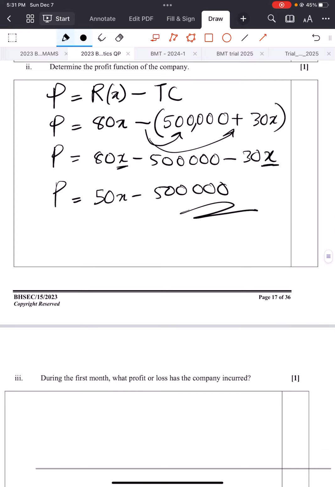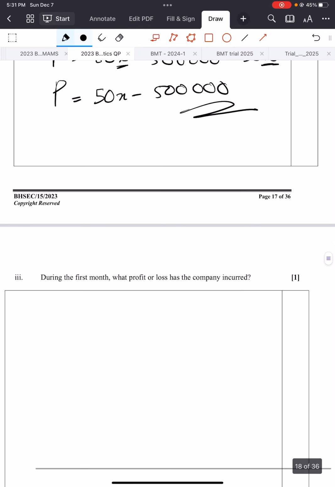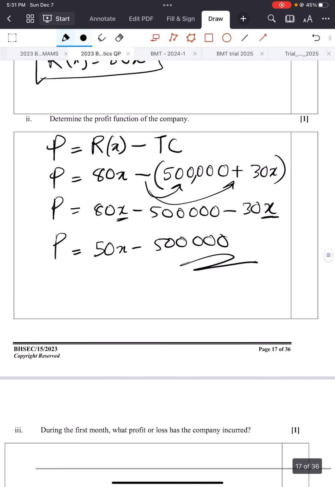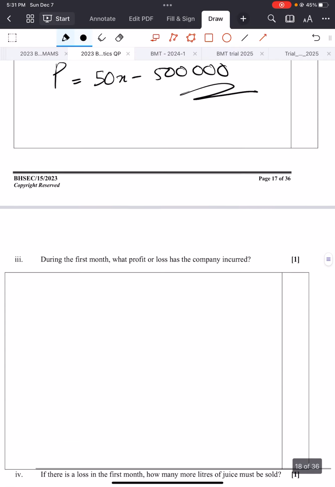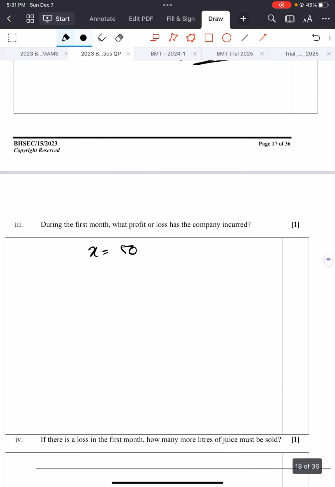Now another question: during the first month, what profit or loss has the company incurred? In the first month 5,000 liters were produced, so x is 5,000.